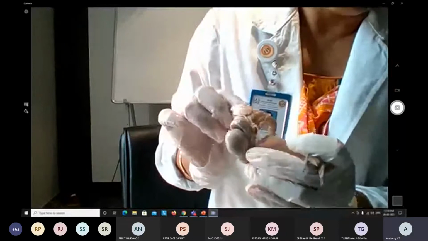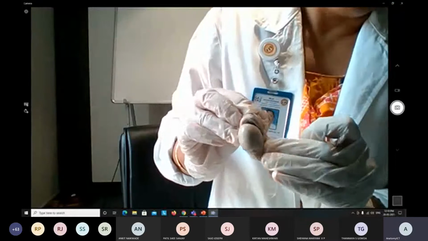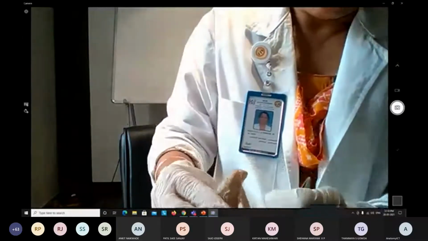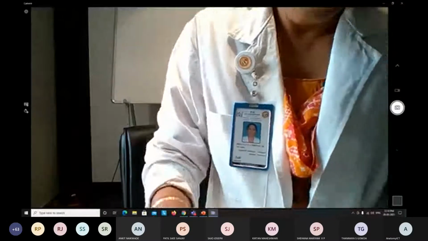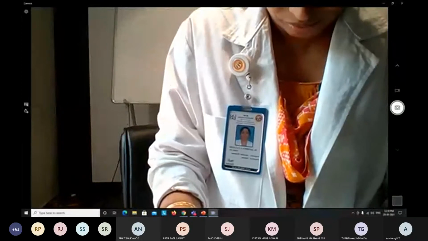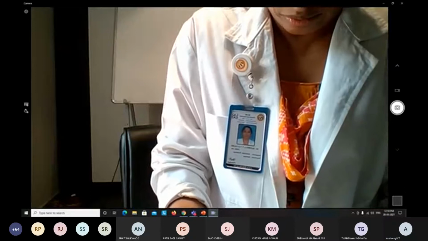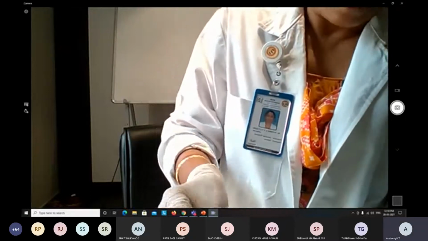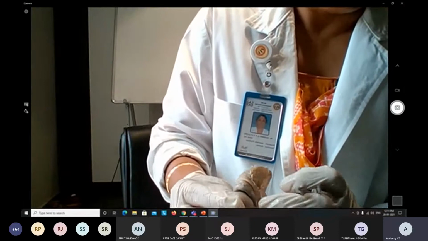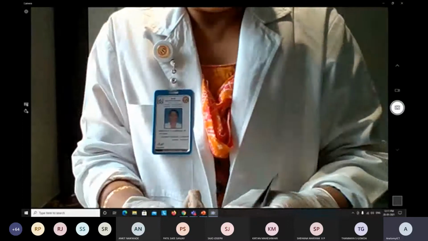So this is the lower end of the testis, which will be occupied by the tail of the epididymis and also the continuation of the vas deferens. As much as you can appreciate, try to appreciate the tail of the epididymis and continuation of vas deferens.